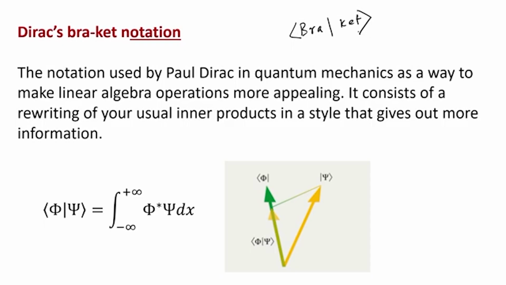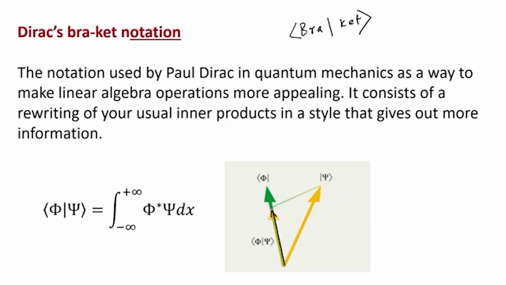If you look at the picture that is given, say psi is a vector pointing in the direction shown by this yellow line, and phi is also a vector shown here in green color, and an inner product, that is <phi|psi>, is simply the projection of psi on this phi, and it is given by this line that you see here.